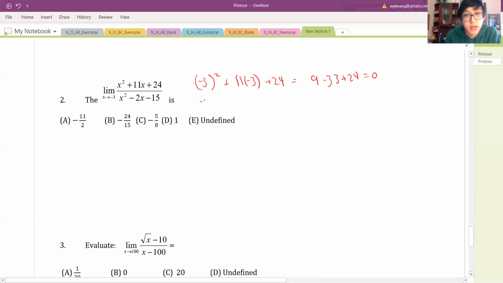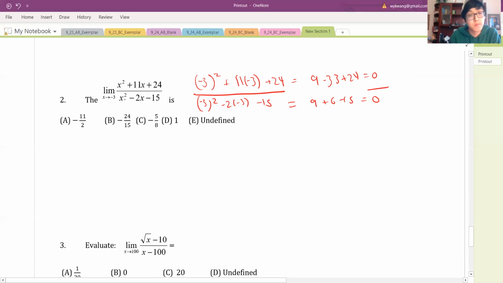The denominator, -3 squared minus 2 times -3 minus 15, is going to be equal to 9 plus 6, right? -2 times -3 is +6, minus 15 is equal to 0. So I'm getting an indeterminate form, 0 over 0. Cool, now I know I can apply L'Hopital's rule.